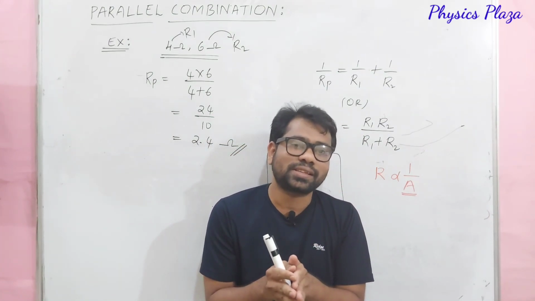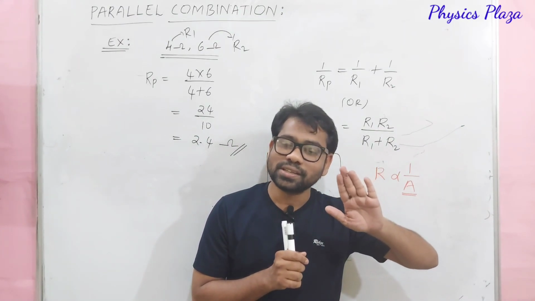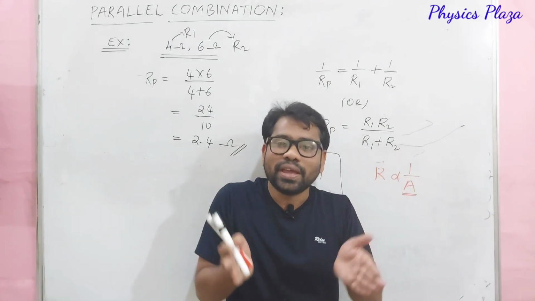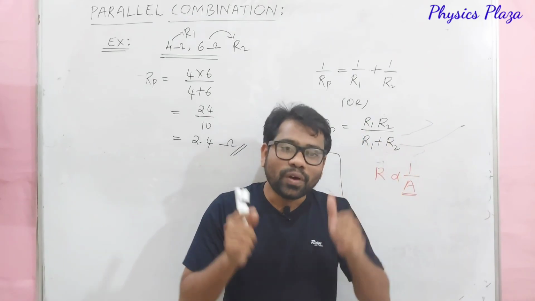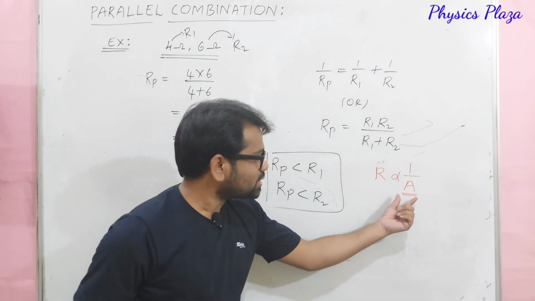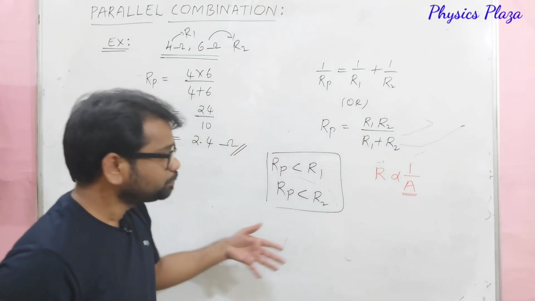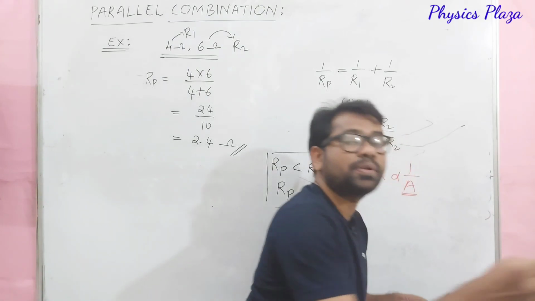So children, in a series combination, the resultant resistance always increases. Why? The effective length is increasing. But in a parallel combination, the resultant resistance always decreases. Why? Because the area of cross section is increasing. This is how we can explain why the resultant resistance in a parallel combination is decreasing.